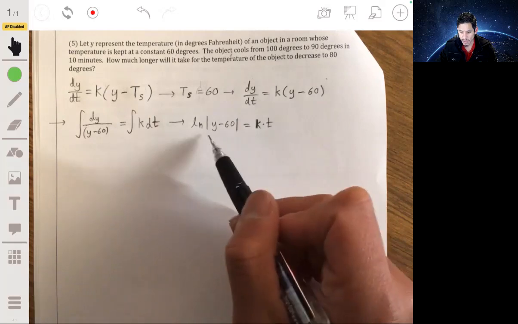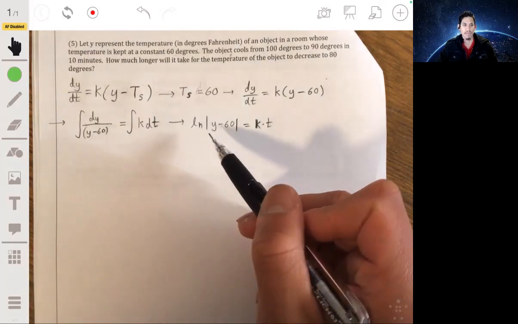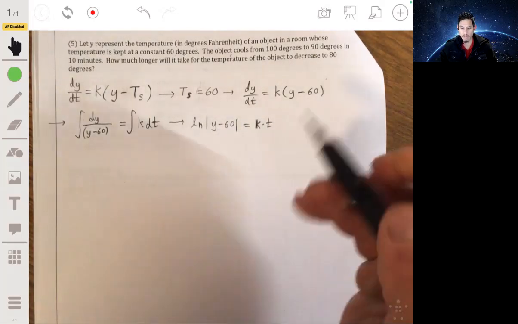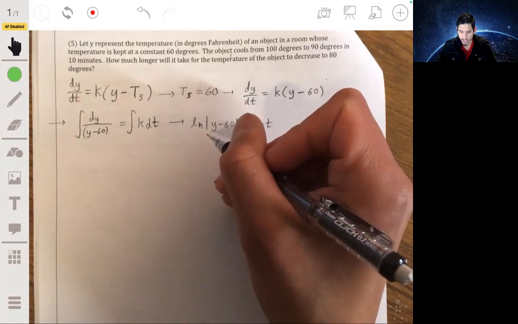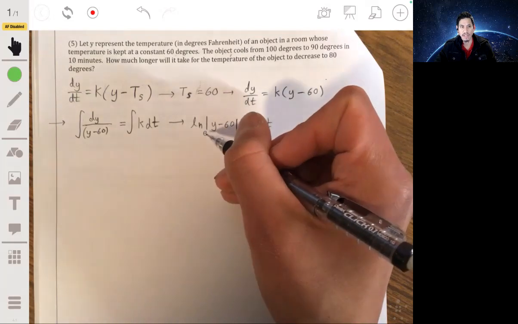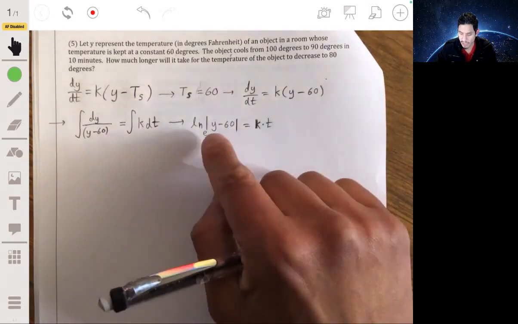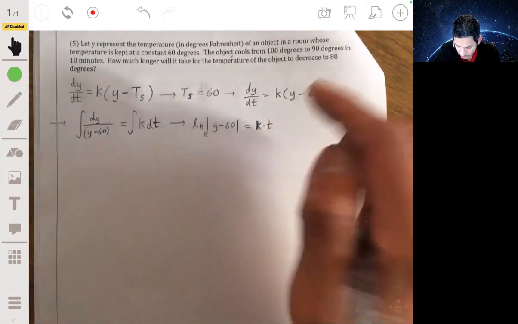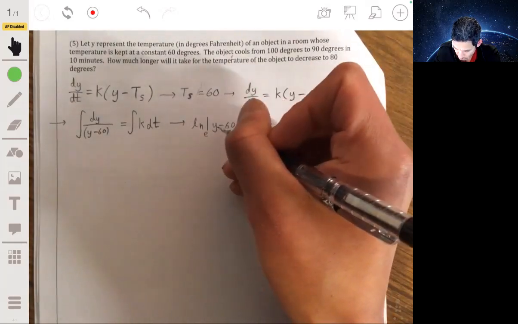And then from here, we're going to use the exponential property. Remember that this represents the logarithm with base e. There's technically an e here. So we can rewrite this as e to the kt is equal to y minus 60.